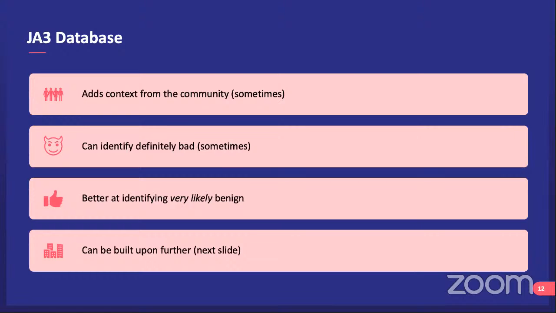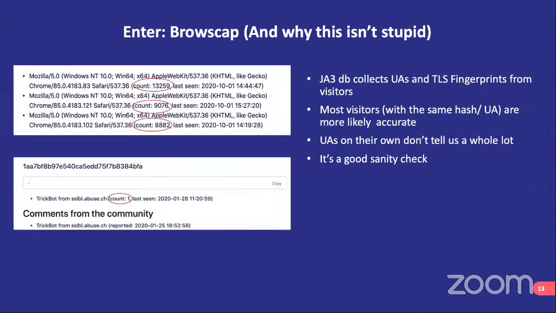But there are certainly times where, if the only information that we have on it is that it's in the JA3 database as malware, and we've never seen it before any other way, then certainly that's something interesting to look at. It's also better at identifying very likely benign, based off of how common the user agent and JA3 pairs are to benign things, and it can be built upon further.